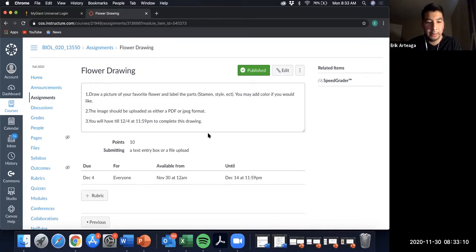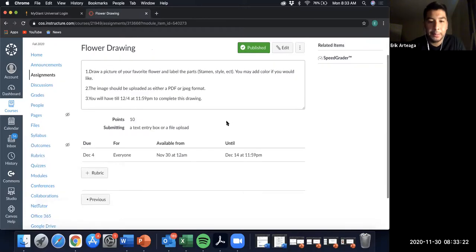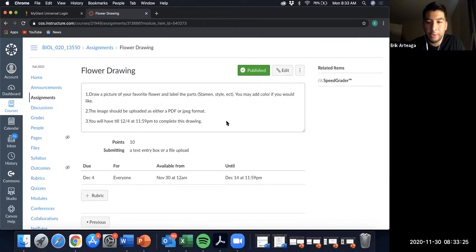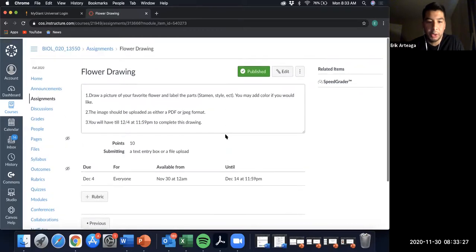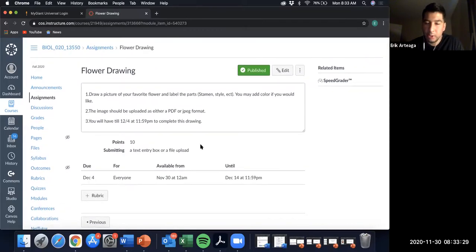If not, send an email to yourself through your phone and see if it shows up in your email, and then it should be converted. But PDF or JPEG would be the preferred image. Okay. If you're having issues uploading and I'm unable to see it, I'll send you an email, or you can let me know if you're having issues with that. Okay. But it should be fairly simple.